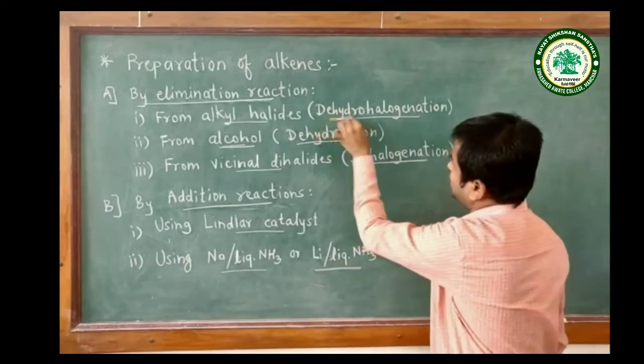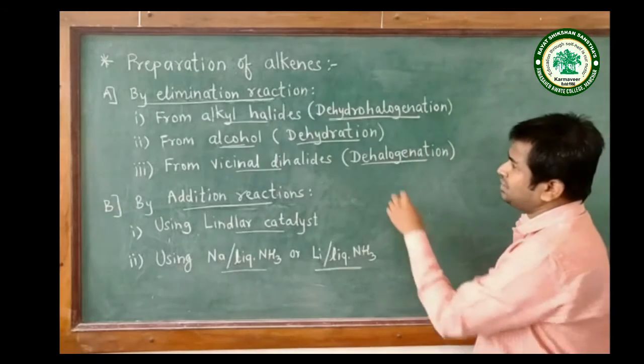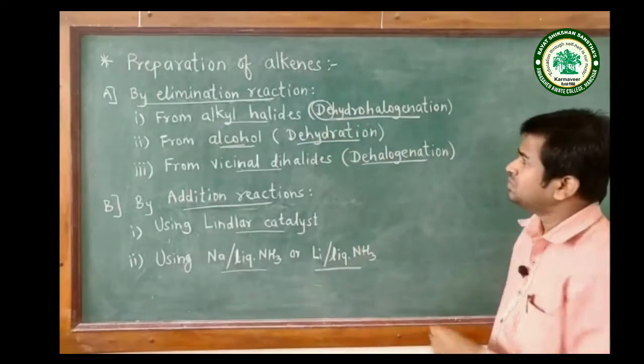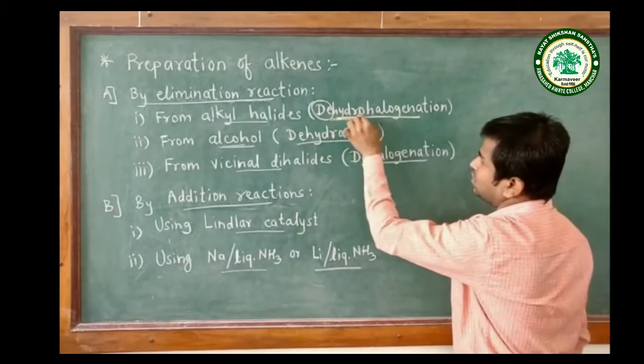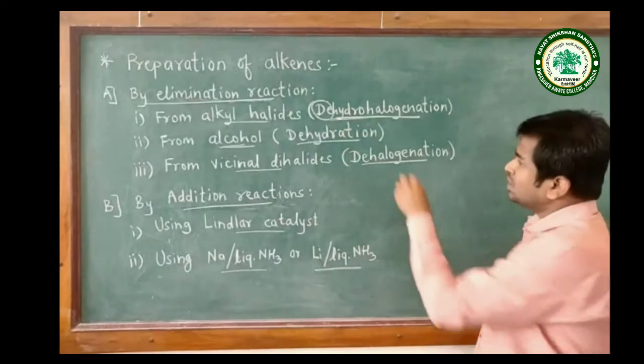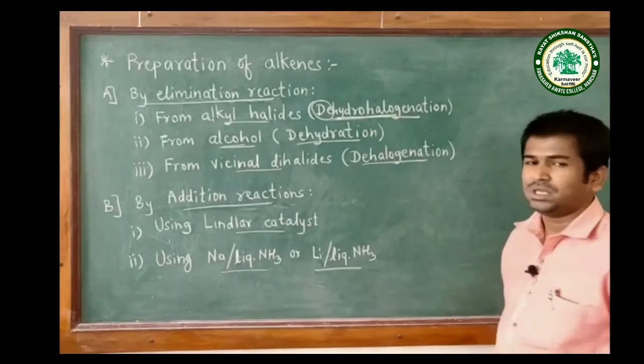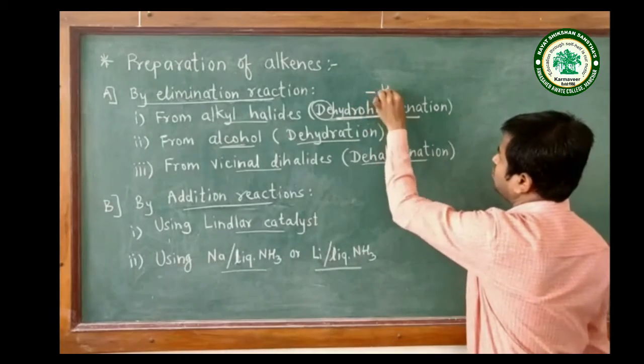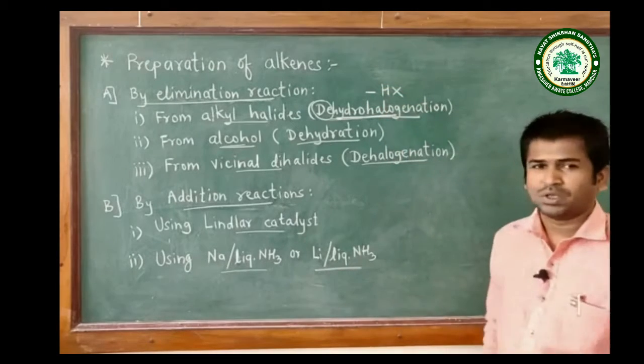In a dehydrohalogenation reaction, as the name indicates, D means loss of, hydro means hydrogen and halo means halogen. So dehydrohalogenation means loss of HX molecule.